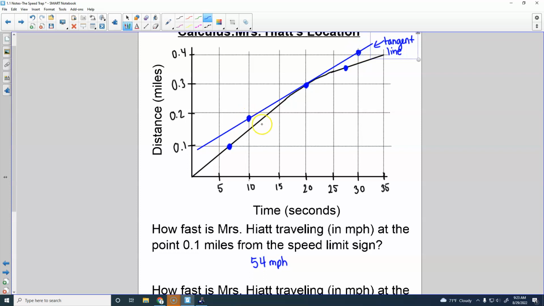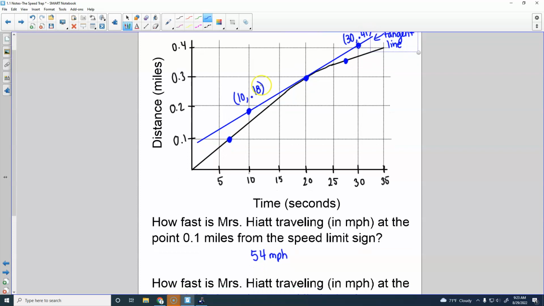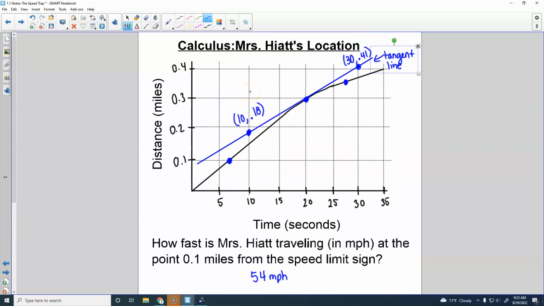I'm going to say I think it's definitely 10 seconds. I'm going to say that's 0.18 miles. And over here, I'm going to say this is 30 and 0.41. I might be a little off, realize this is estimating. If it turns out bad, I'll have to adjust my estimates.